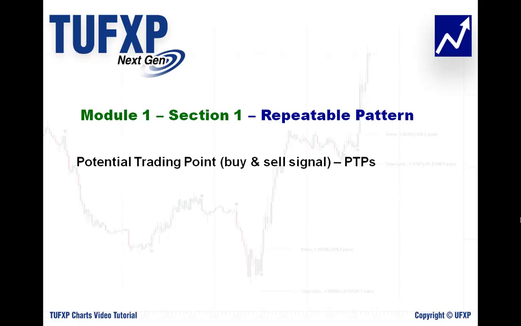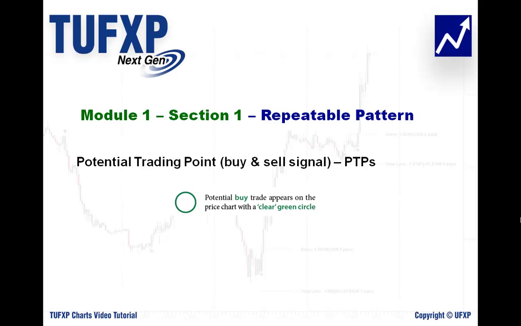The repeatable pattern, as I said in the intro, is programmed into the software, so you don't have to memorize anything or understand any mathematics or complex formulas in order to find any potential trades. This is already programmed into the software, and it is known as potential trading points. They will automatically appear on the price chart, and you'll see that when the trading strategy is met, a clear green circle appears for a potential buy signal.